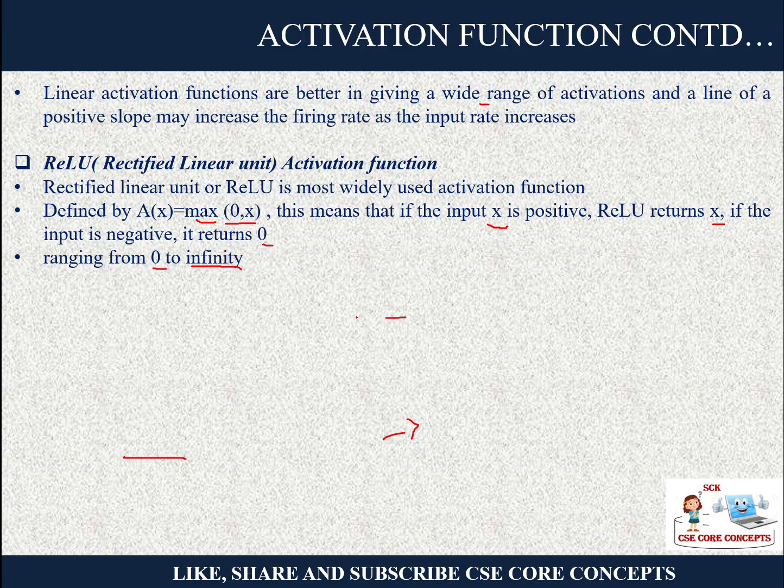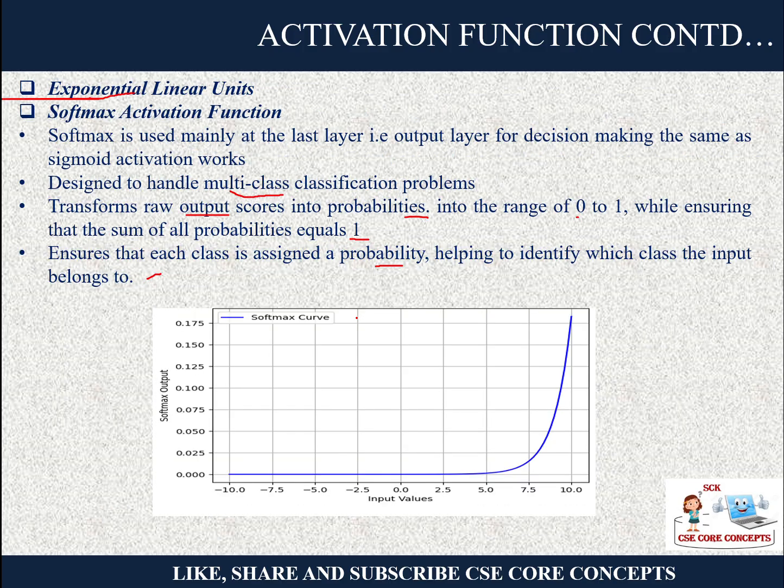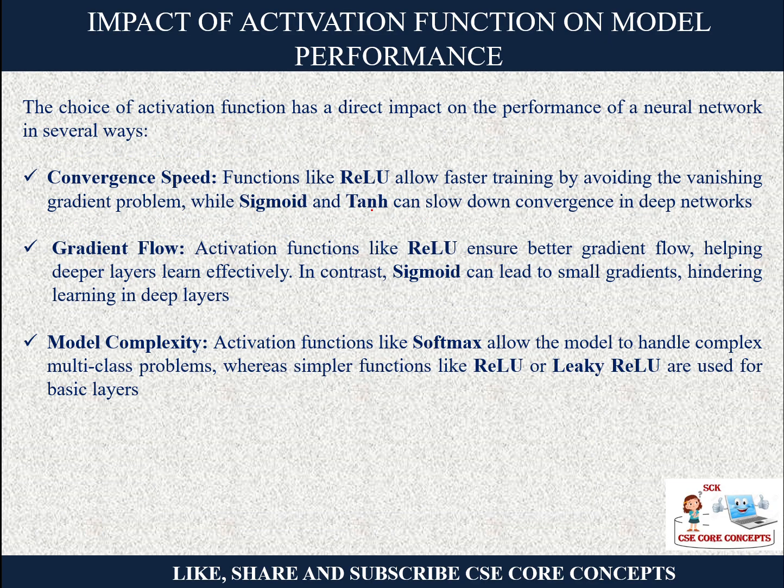Then ReLU is the rectified linear unit, and leaky ReLU. The third category is the exponential function, and softmax comes in that category. So which function are you going to select among all of them? There are two places where you use the activation: one is within the hidden layers and one is at the output layer.